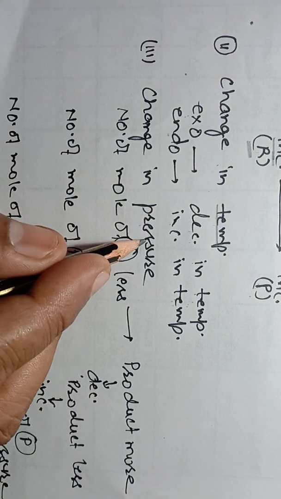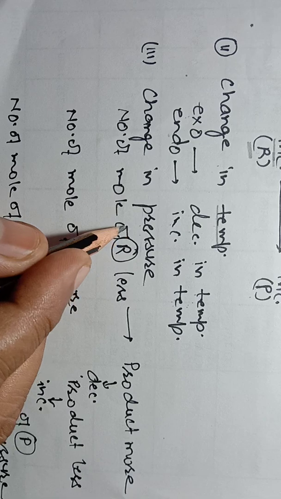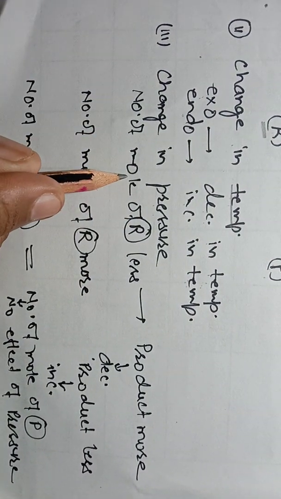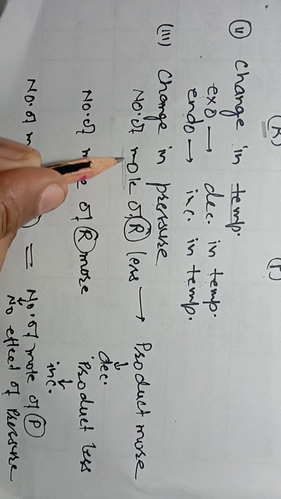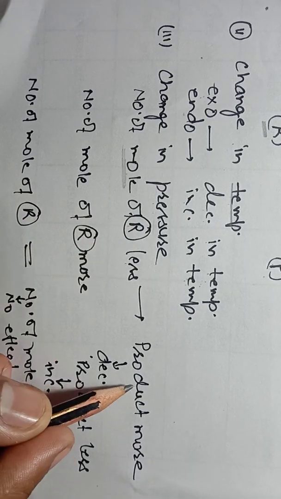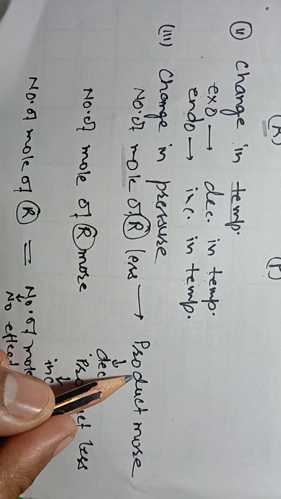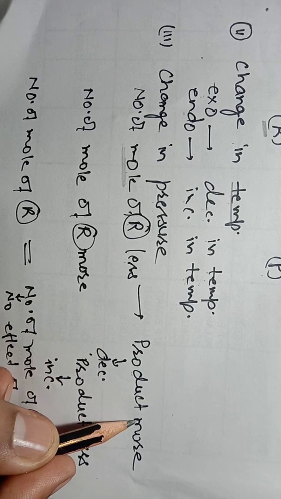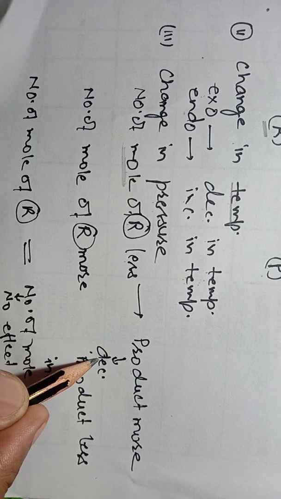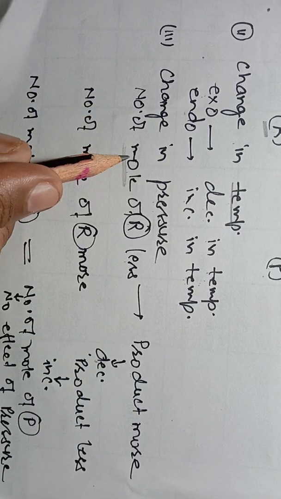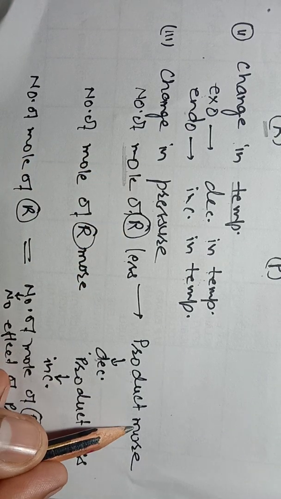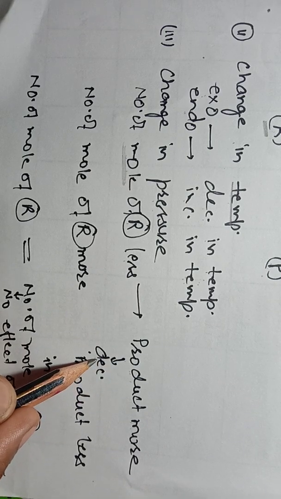Okay students, and the third change is change in pressure. For change in pressure we have three different conditions. If for a given reaction the number of moles or volumes of reactant are less and the number of moles or volumes of product are more, then we will decrease the pressure.